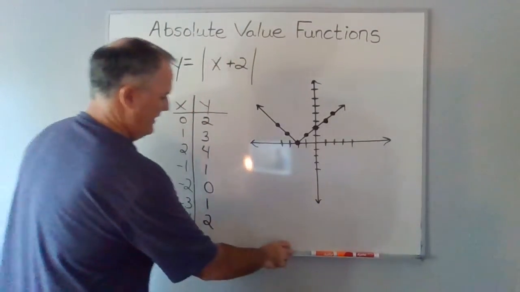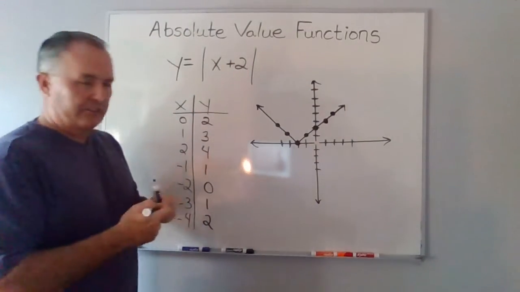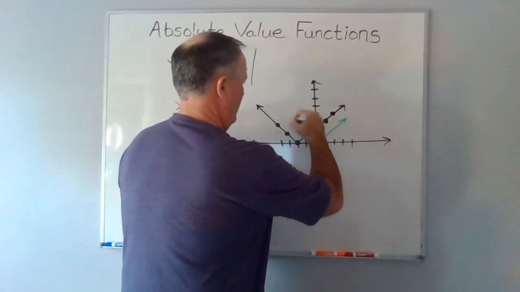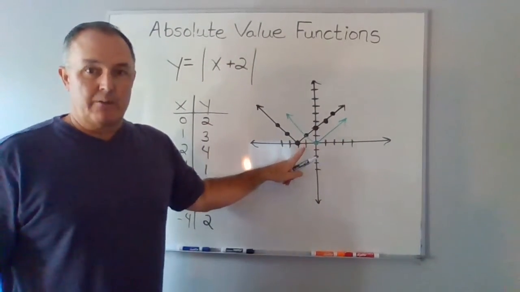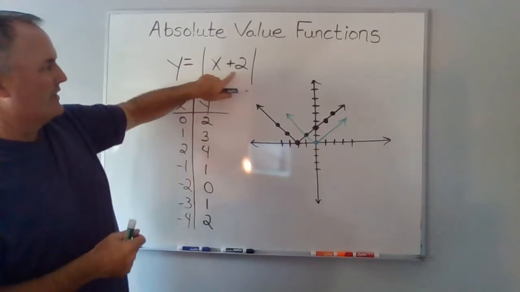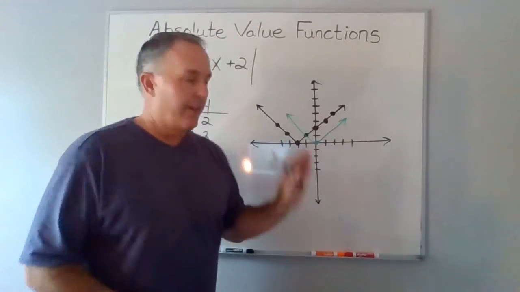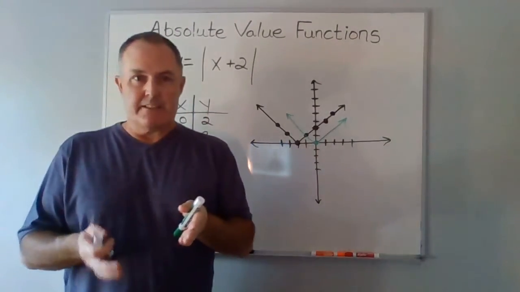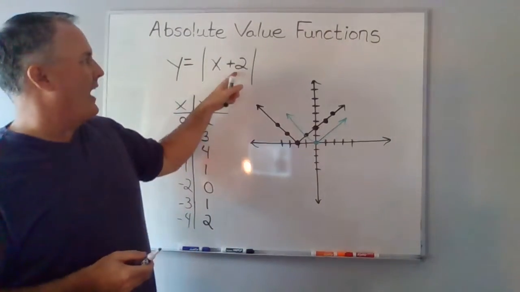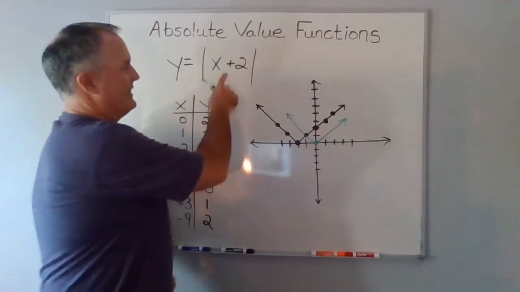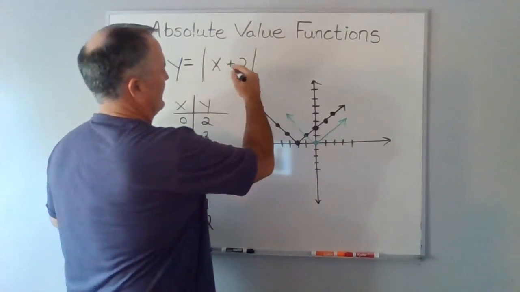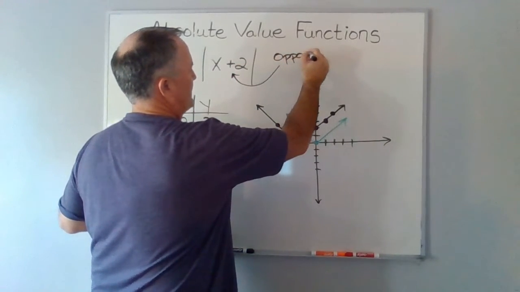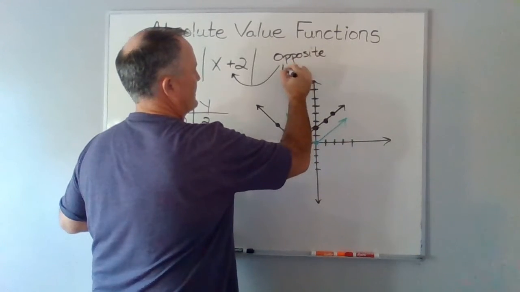So if I had my original parent function, which looks kind of like where the green is, you would think plus 2, we're going to move to the right 2 in a positive direction. But actually, the number on the inside is the opposite of the actual value it is. So if it's positive, it actually goes to the left. And if it's negative, it actually goes to the right. So kind of make a little side note. It works opposite to the sign.